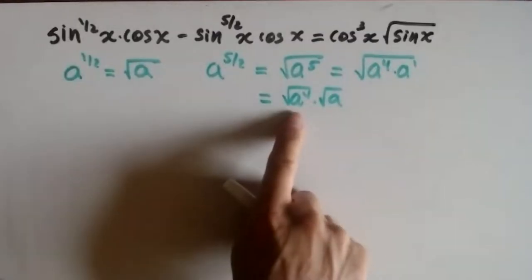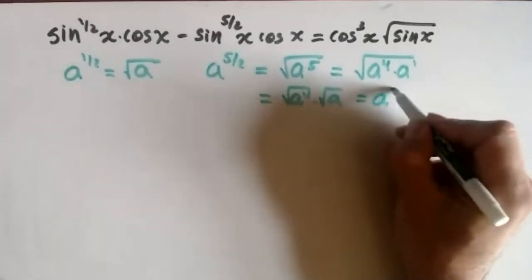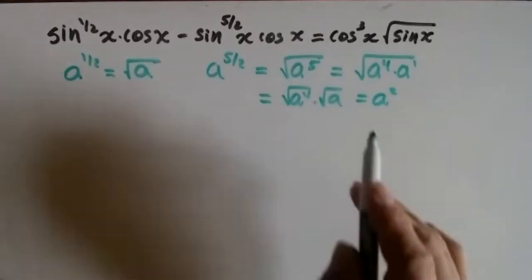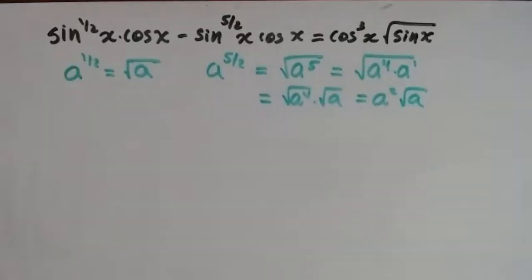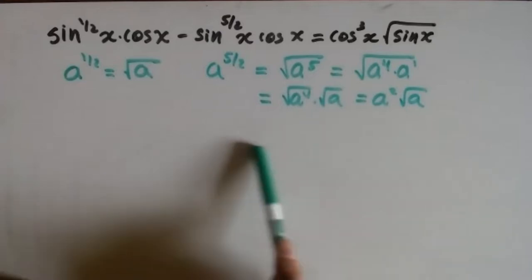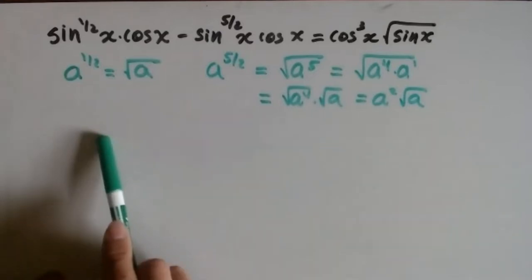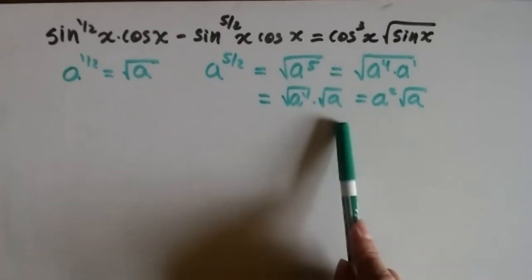Now, what is the square root of a to the 4th? Well, a squared, because a squared times a squared is a to the 4th, times the square root of a. So everybody understands this algebra? These exponents, radicals. You cover these radicals in algebra too, okay?